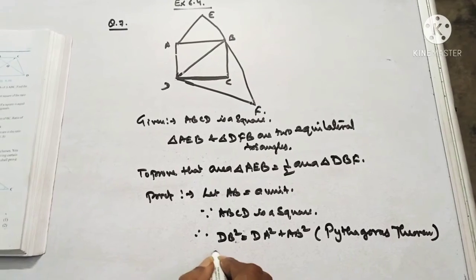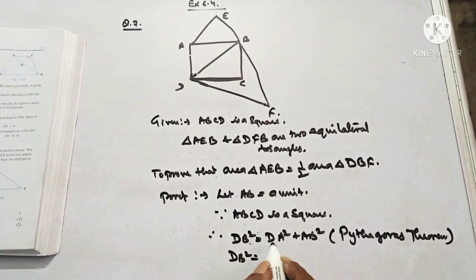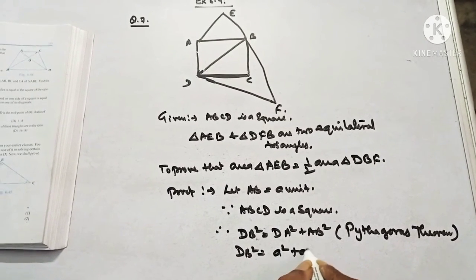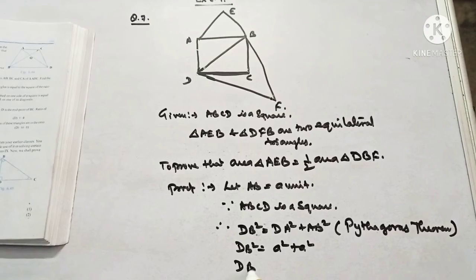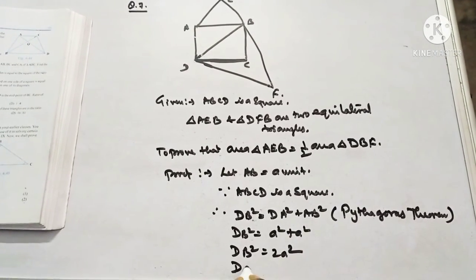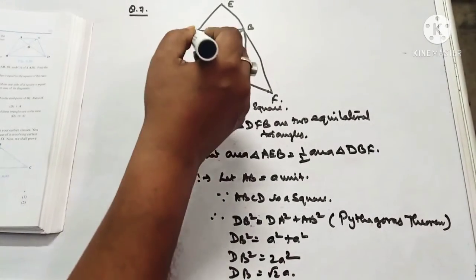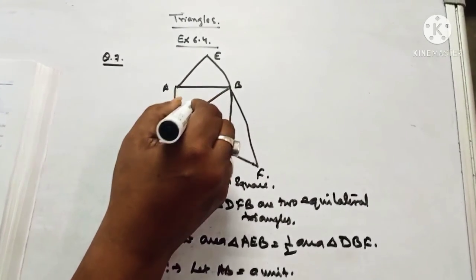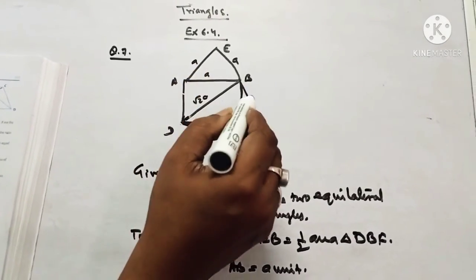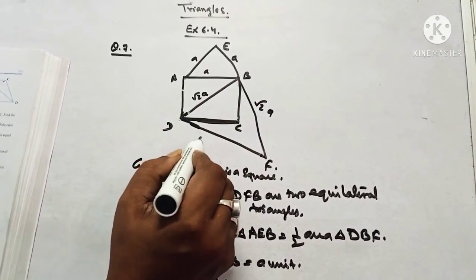Since all sides of a square are equal, this is equal to a square plus a square. So DB square is equal to 2a square, so DB will be equal to root 2a. This side is also a, and this will be root 2a.